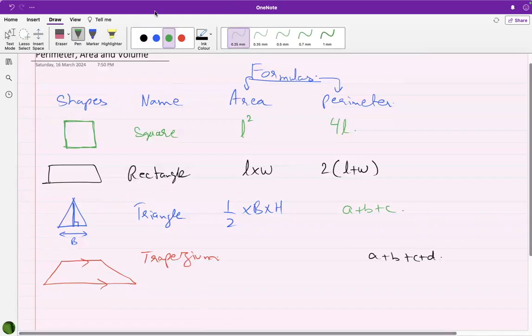It's 1 by 2 times the sum of parallel sides, side 1 plus side 2, times height. And these are the parallel sides. One side is this, the other side is this, and the distance between these two parallel sides is known as height.